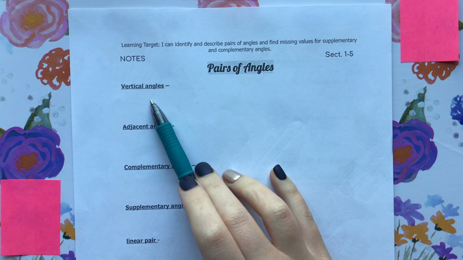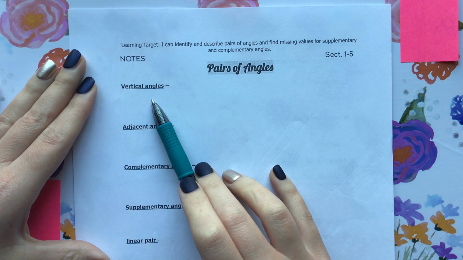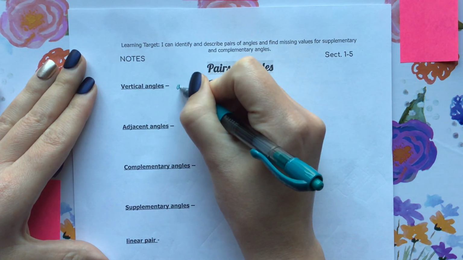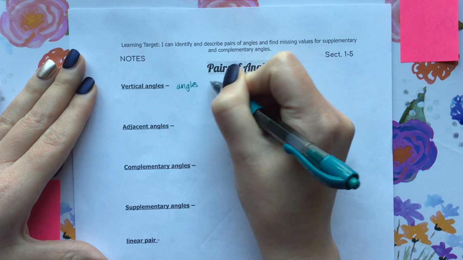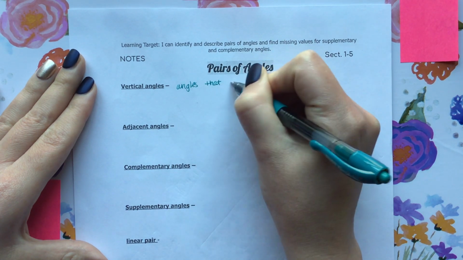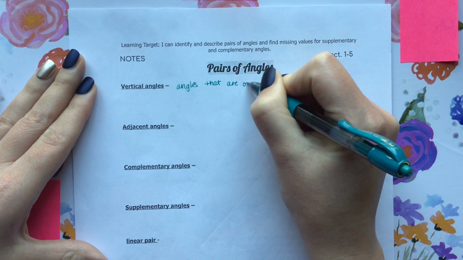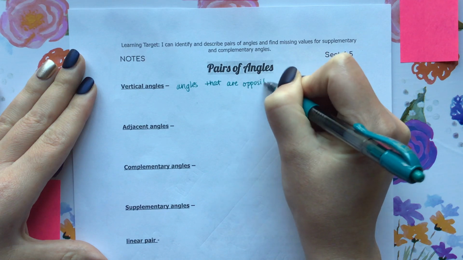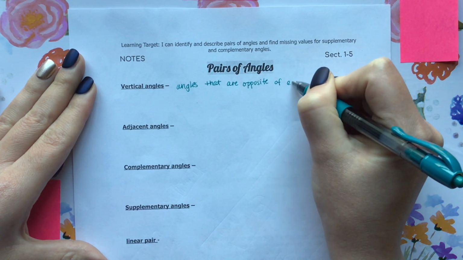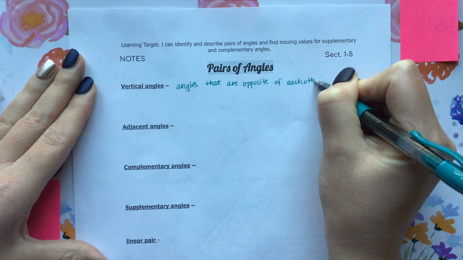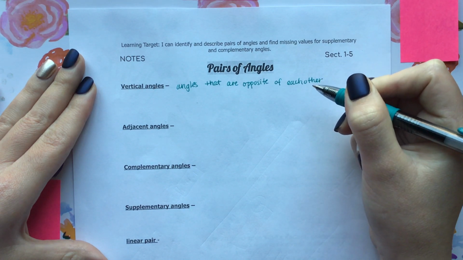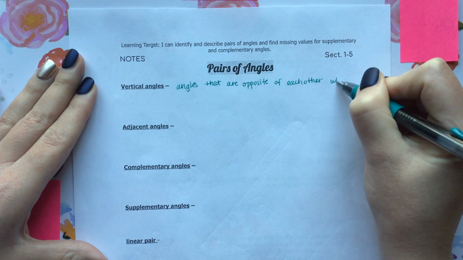But vertical angles is our first one. Vertical angles are angles that are opposite of each other when two lines intersect.